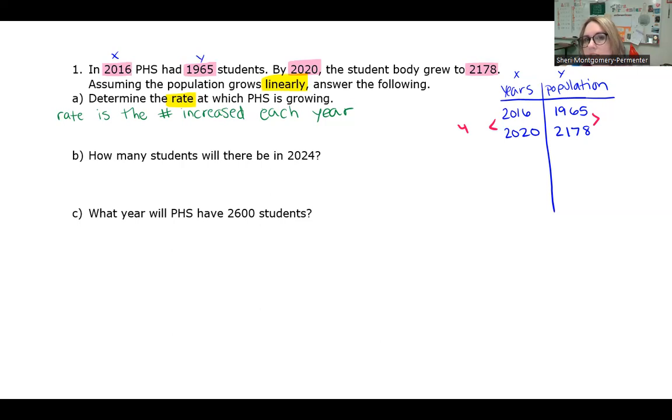It goes from 1965 to 2178. 213. Okay. So to figure out the rate, we're going to take those two numbers. If it increases 213 in 4 years, how could we figure out how much it increases in just 1 year?